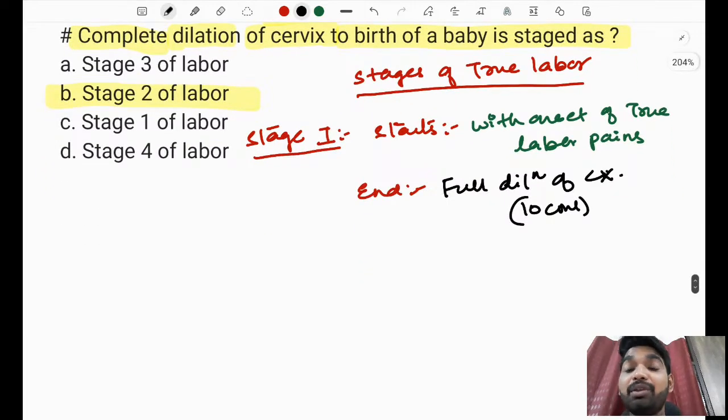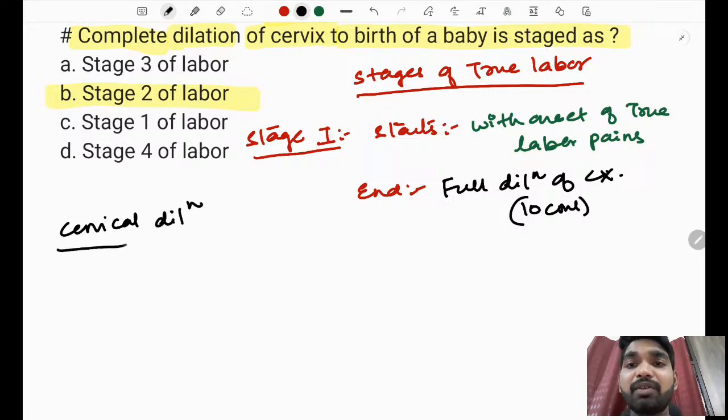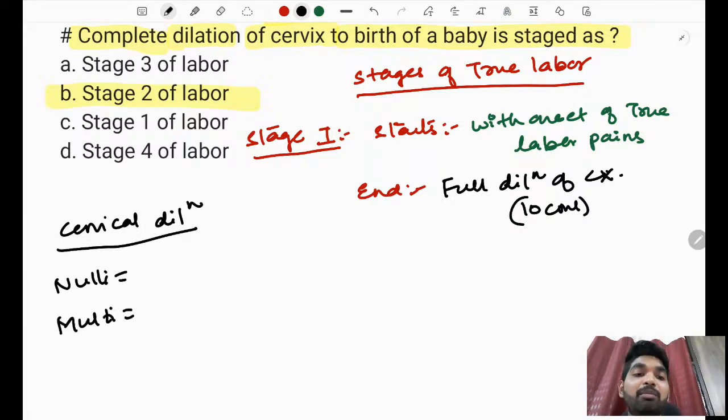And please remember cervical dilatation. Let me write it down here. What should be the minimal cervical dilatation in case of nulliparous and in case of multiparous? Can you people tell me? In nulliparous, who is answering 20 centimeters?